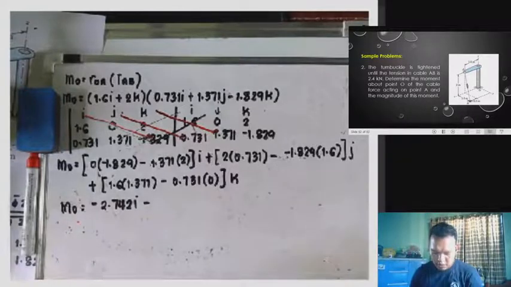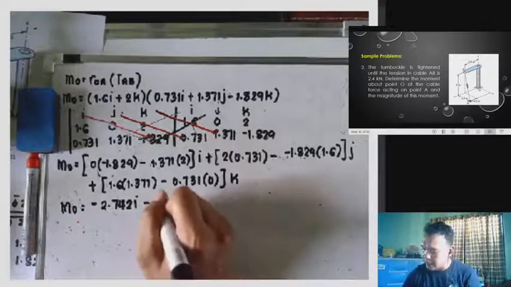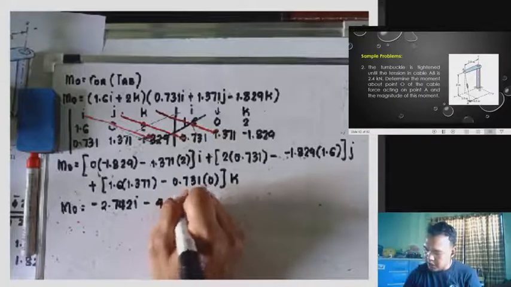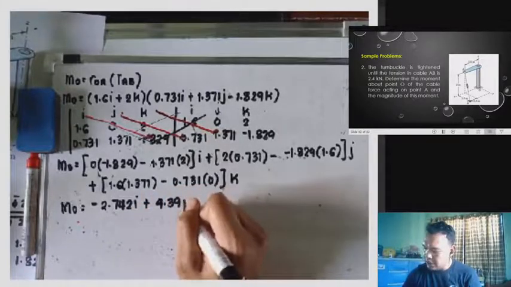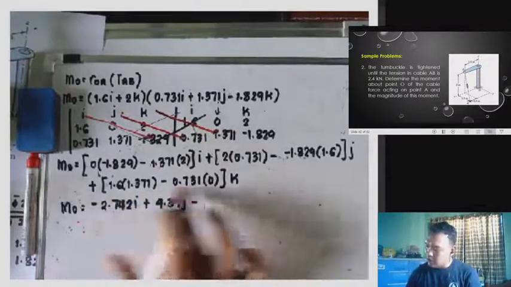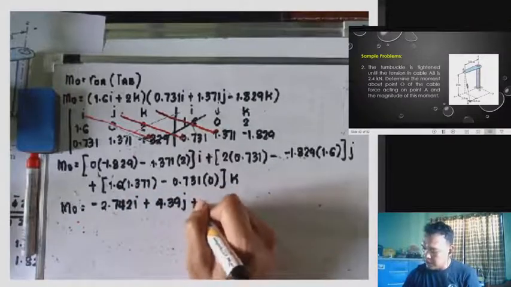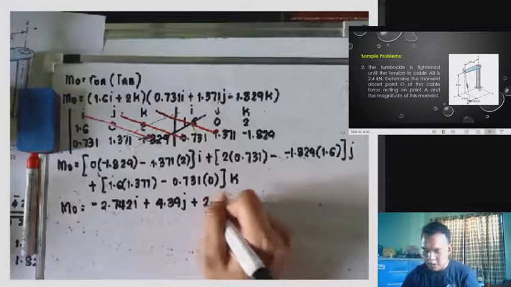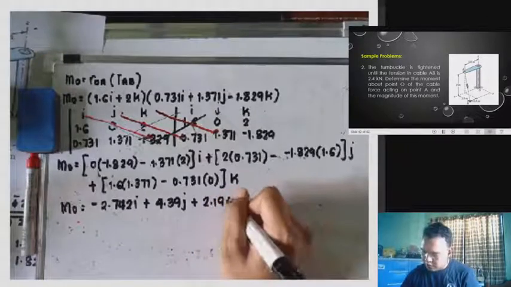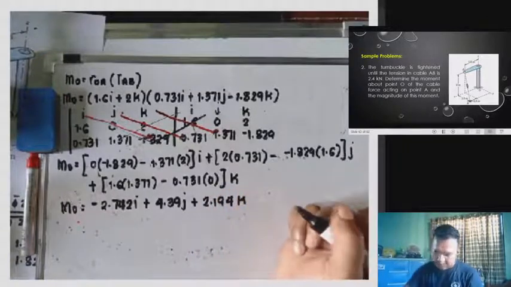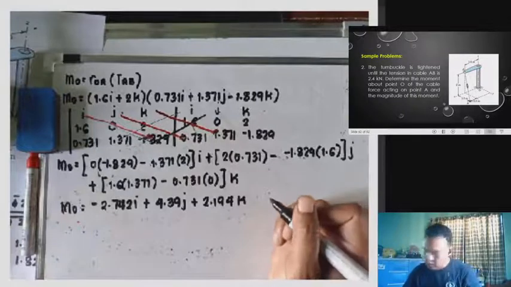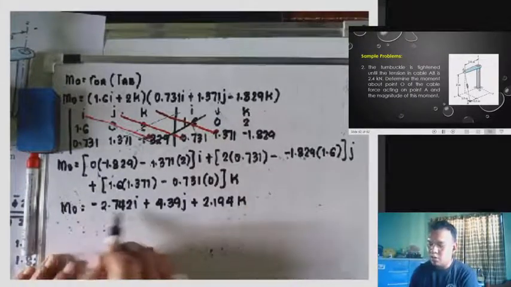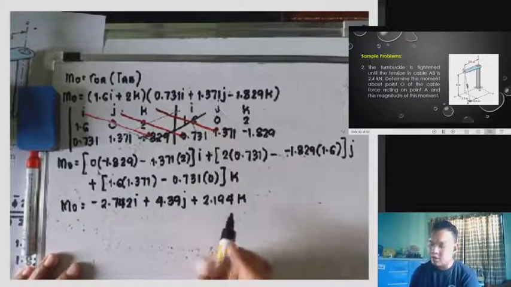So, we have here 4.39, 4.39 plus J. Ito, plus ulit siya. 1.6 times 1.371. 0 na to. We have here plus 2.194K. Therefore, ito yung magiging moment component natin in vector.